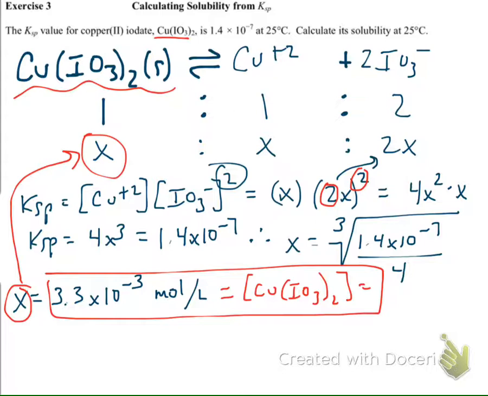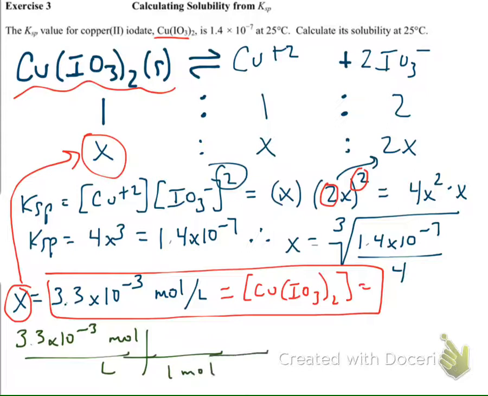Again, if it asks you to convert that from moles per liter to grams per liter or grams per milliliter, you can take the value 3.3 times 10 to the negative third moles per liter and 1 mole of the compound. In this case, for copper 2 iodate, the molar mass is 413.35 grams.